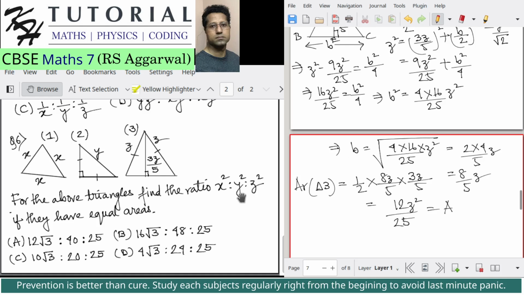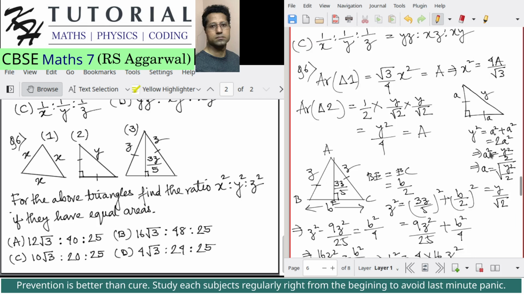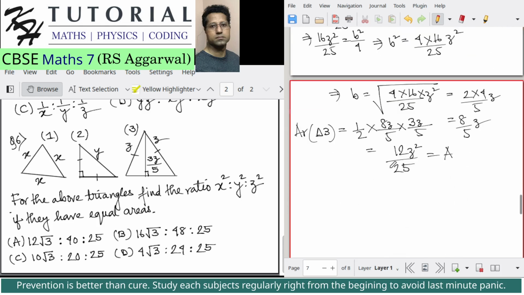But the problem has asked to find the ratio of x square to y square to z square. Now from this we will have x square is equal to 4A by square root of 3, and from this we will have y square is equal to 4 times A, and from here we will have z square is equal to 25A by 12.